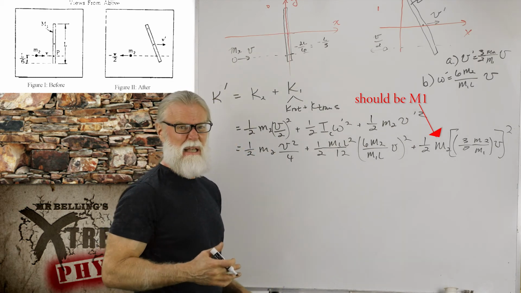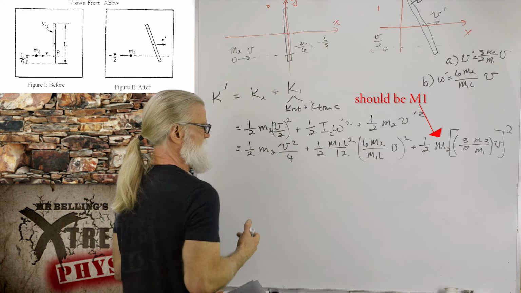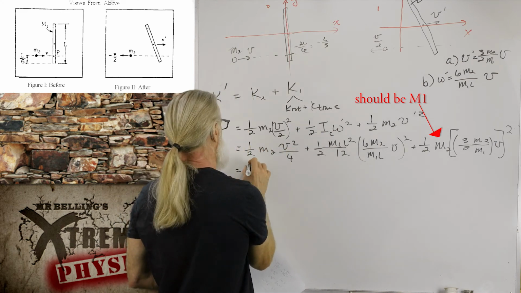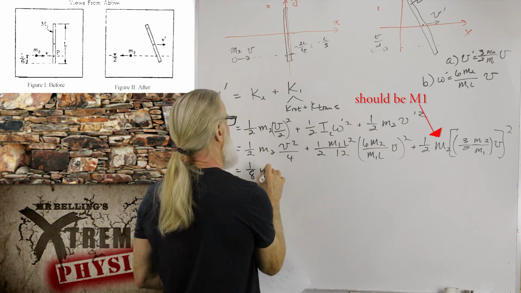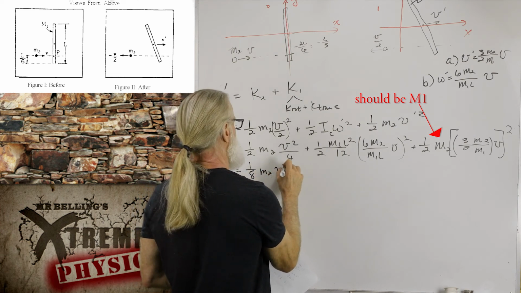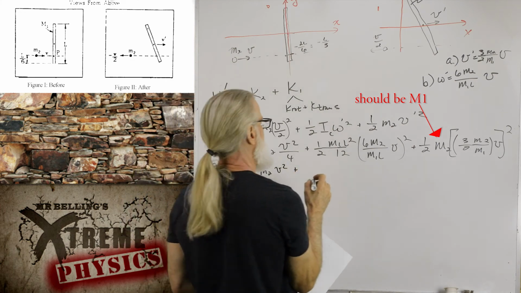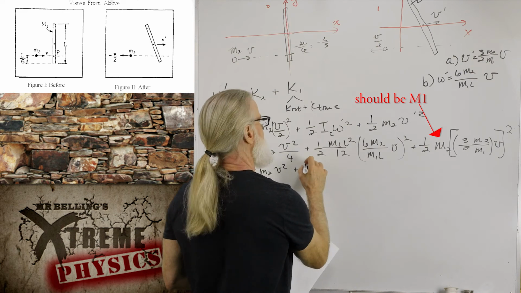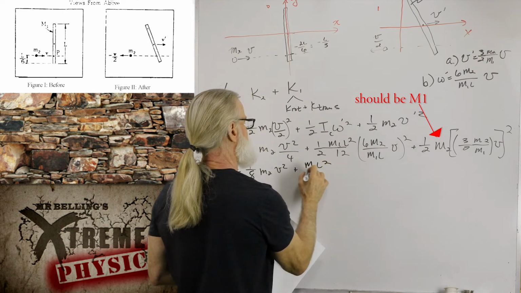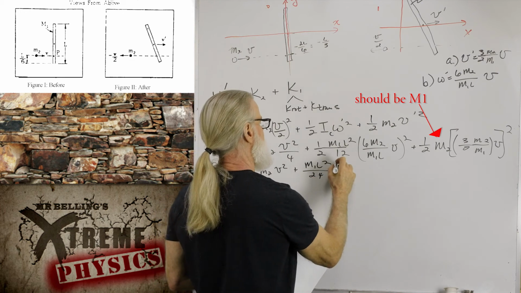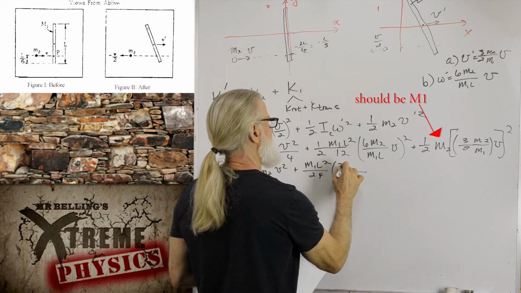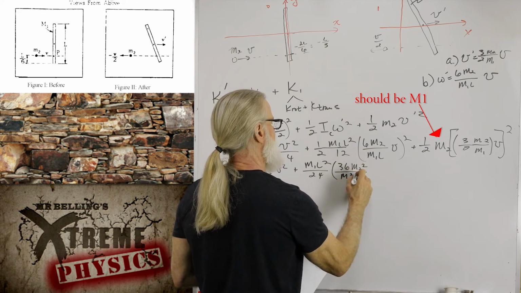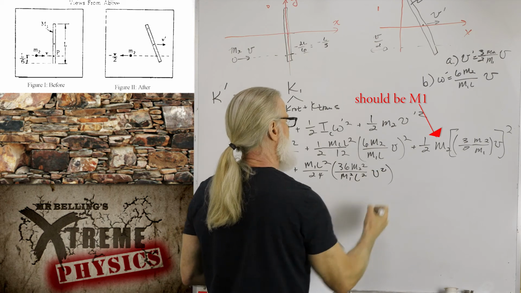That's going to be some messy algebra. I could see this is just all set up for mistakes. 1/8 m2 v squared plus, what do we got here? m1 L squared over 24 times 36 m2 squared over m1 squared L squared v squared.